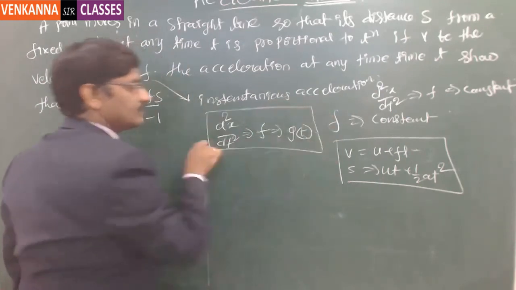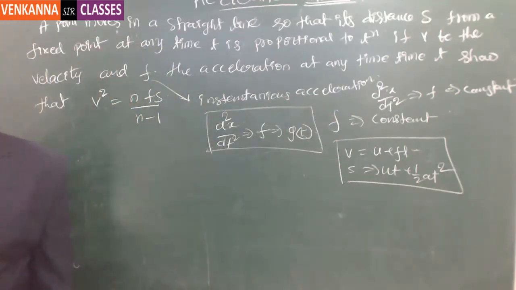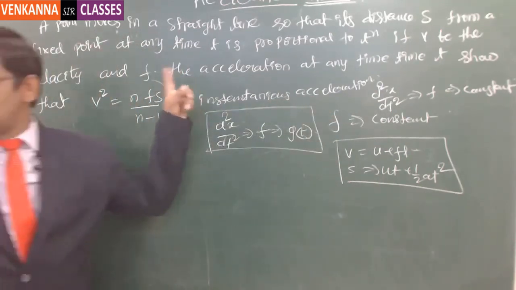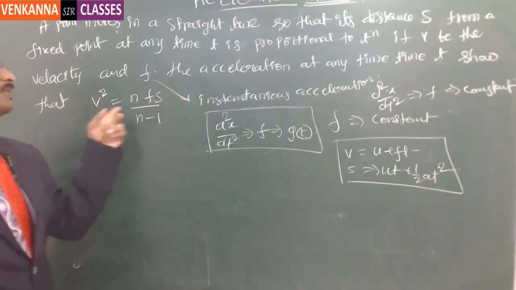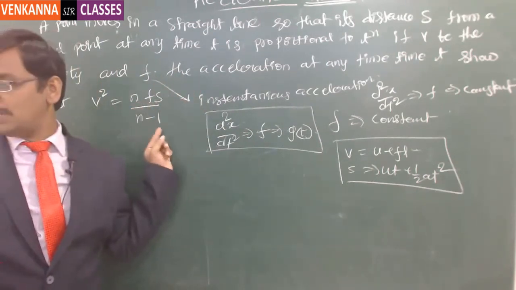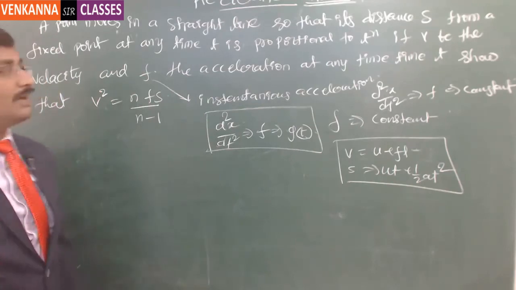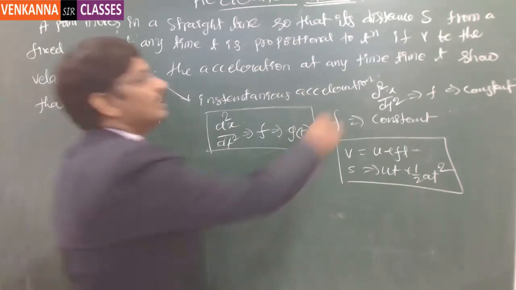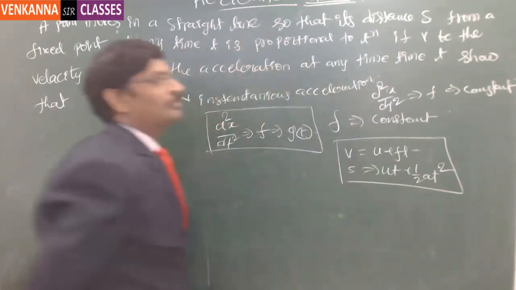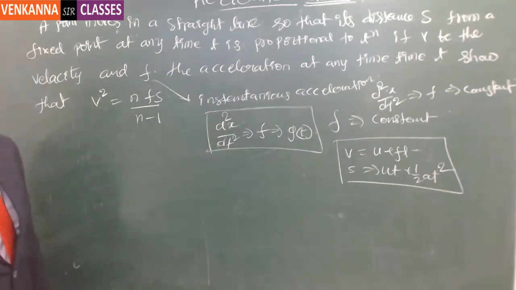That is the difference. It's not a constant. Got it? With that assumption, he said that this relation v square is equal to n times fs by n minus 1 holds when the displacement is proportional to the nth power of t.